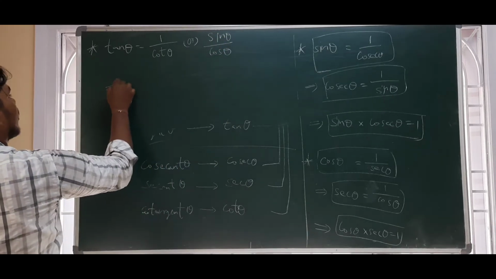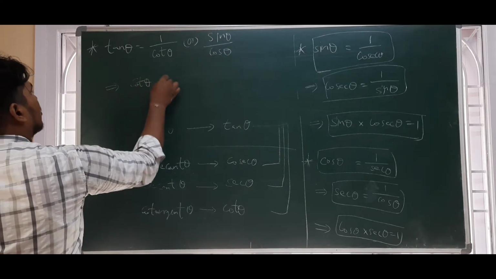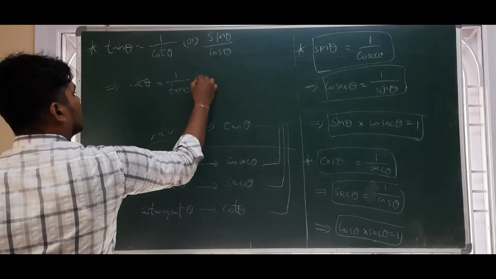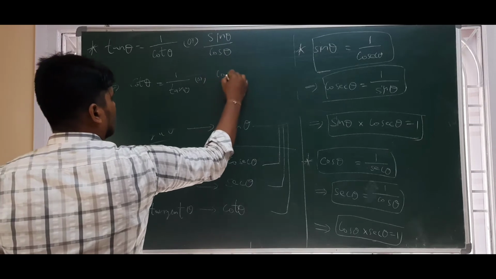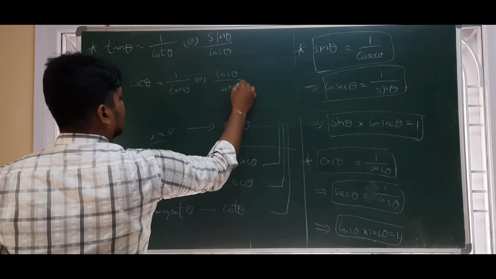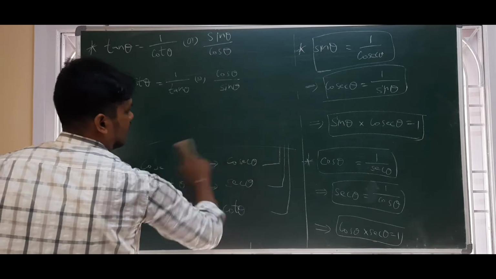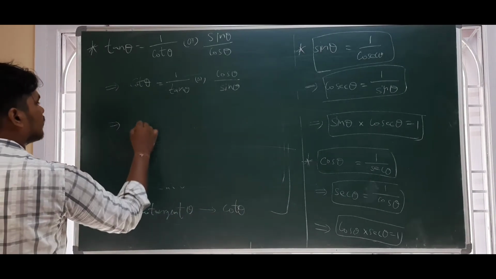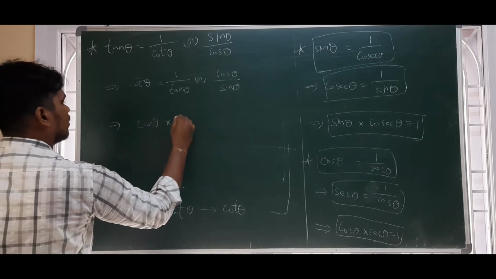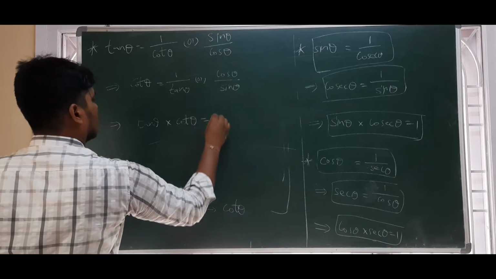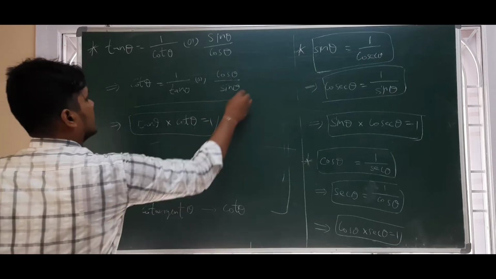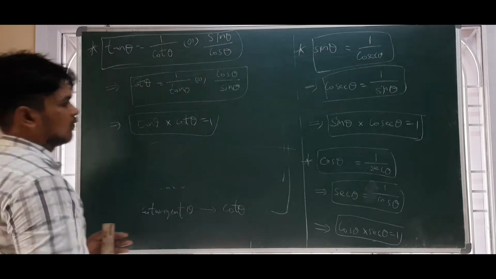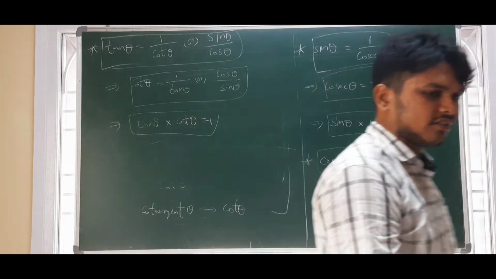From this, I also get cot is equal to 1 by tan, or the reciprocal of this, cos by sin. I also get tan into cot is equal to 1. These are the three formulas obtained from these six trigonometric ratios.